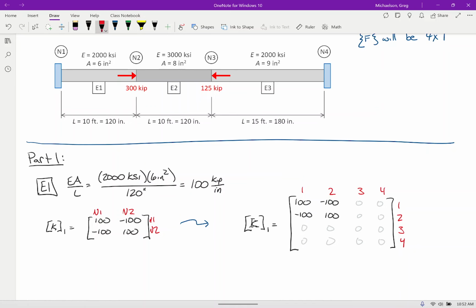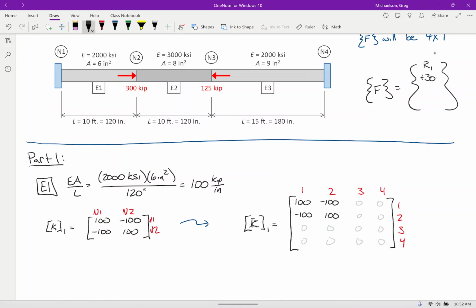Okay? And one final thing. The force vector, and we'll go through this in more detail. Here's what the force vector is going to look like for the whole system. The force on joint 1 is unknown.